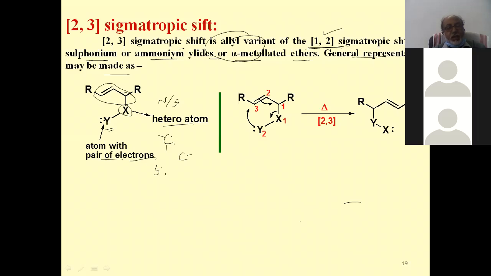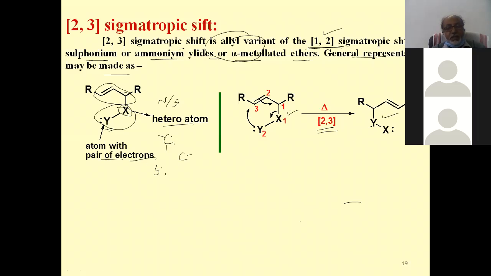Now, basically this is a pair of electrons, and this heteroatom part will form an ylide. So there will be an ylide formation, and this ylide then undergoes a shift like this one, where there is breaking of this particular bond, 1, 1, then 1, 2 here, 1, 2, 3. So there is going to be a shift like this, which is your 2,3 sigmatropic shift.